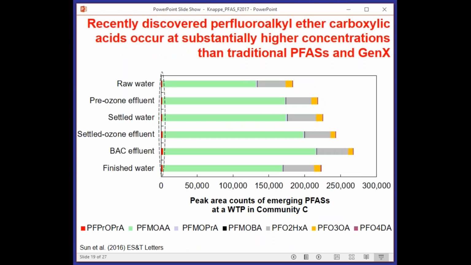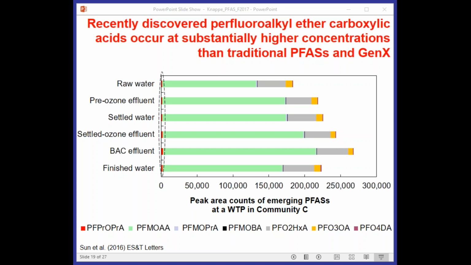So in this figure, the red bar from the previous graph is in this oval dashed box towards the left of the graph. So you can see that Gen X, which we also call propoxypropanoic acid, which is that other abbreviation, which had a large red bar in the previous graph, is almost barely visible here.